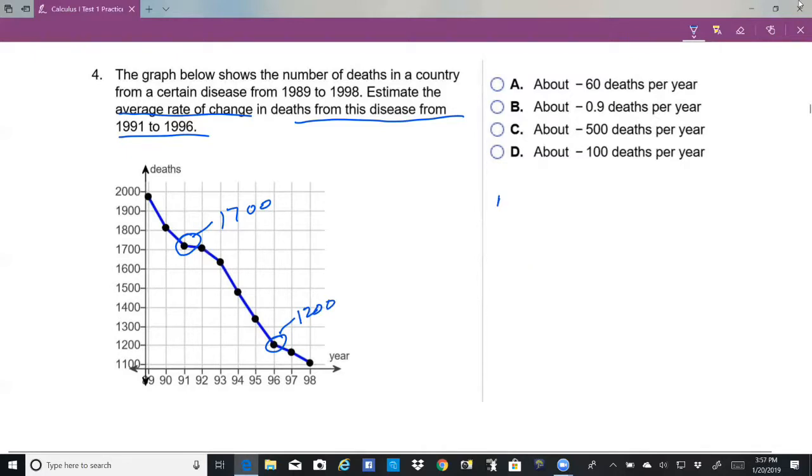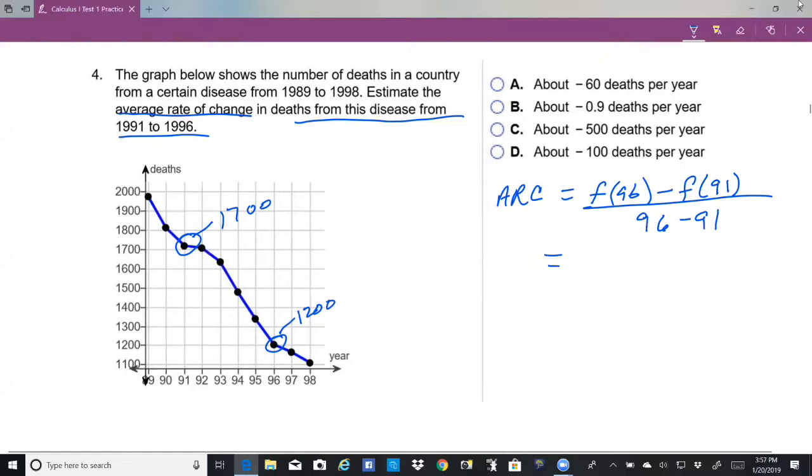The average rate of change is going to be the value at 96, that's the last point we're concerned about, minus the first point of the interval, the value at 91, divided by 96 minus 91.